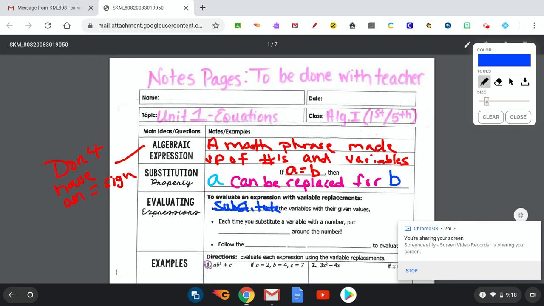Each time you substitute a variable with a number, what you want to do is put parentheses around that number. That's going to be very important. And then from there, we just follow, if you remember, order of operations.